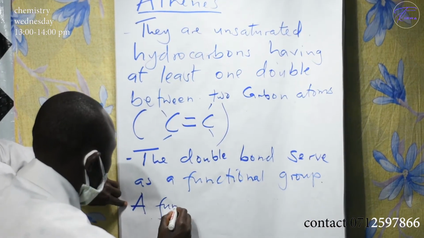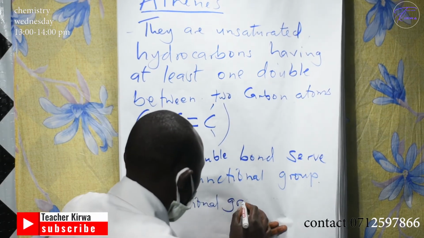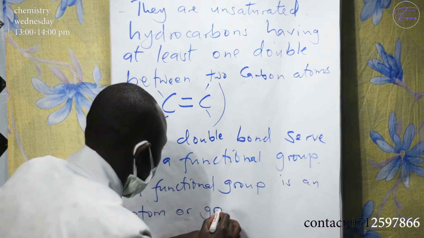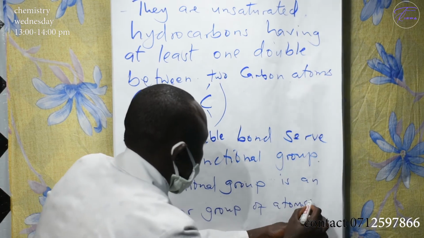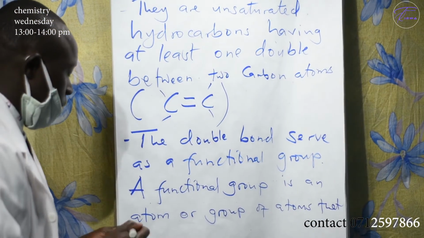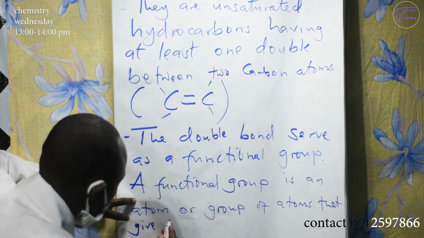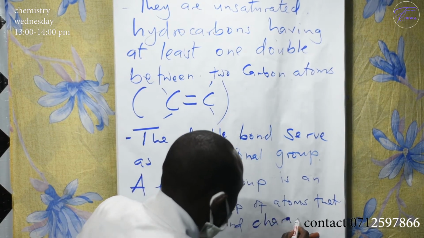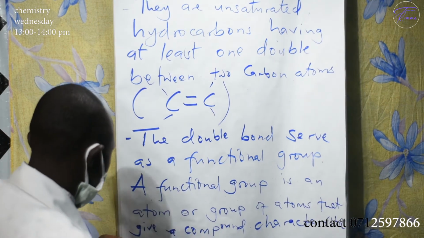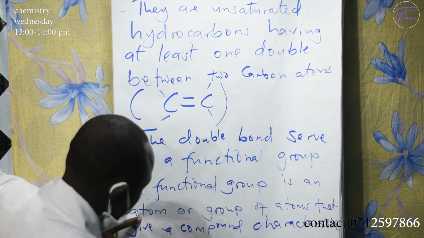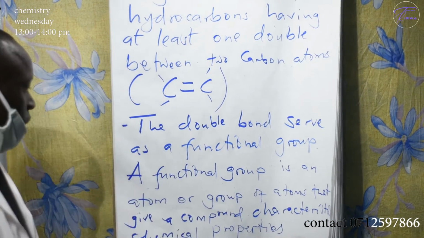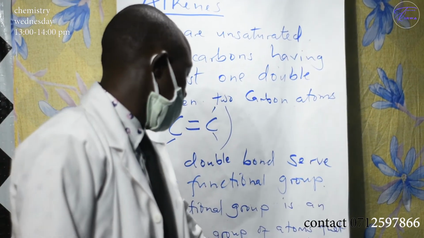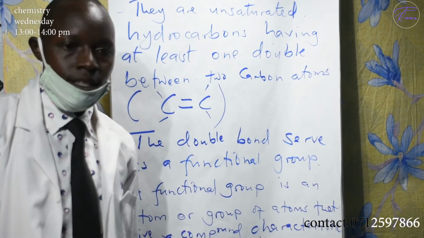A functional group is an atom or group of atoms that gives a compound characteristic chemical properties. That is what is referred to as a functional group.